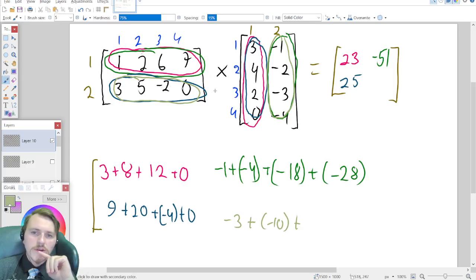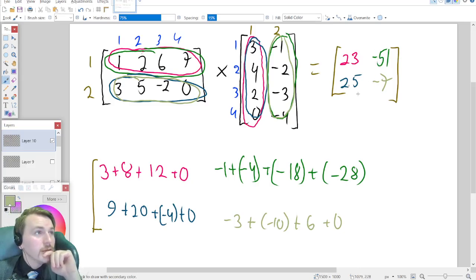Plus third times third, -2 times -3 is +6. 0 times -4 is 0. That gives us an overall thing of -10 plus 3 is -7. That's our resulting product matrix from these two.